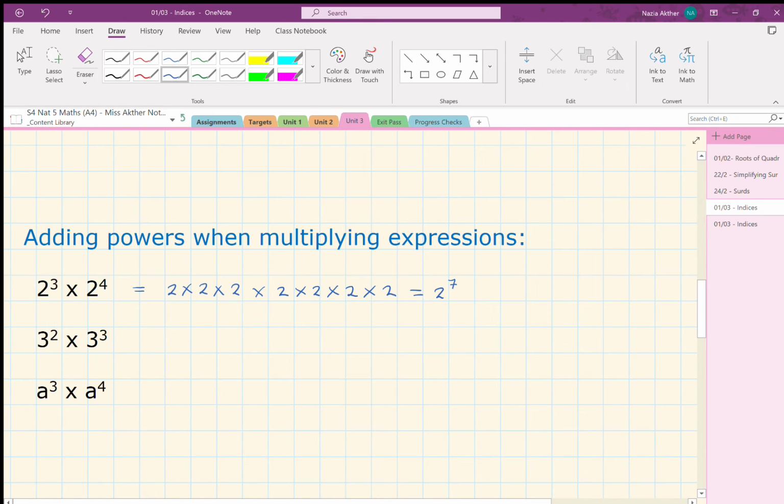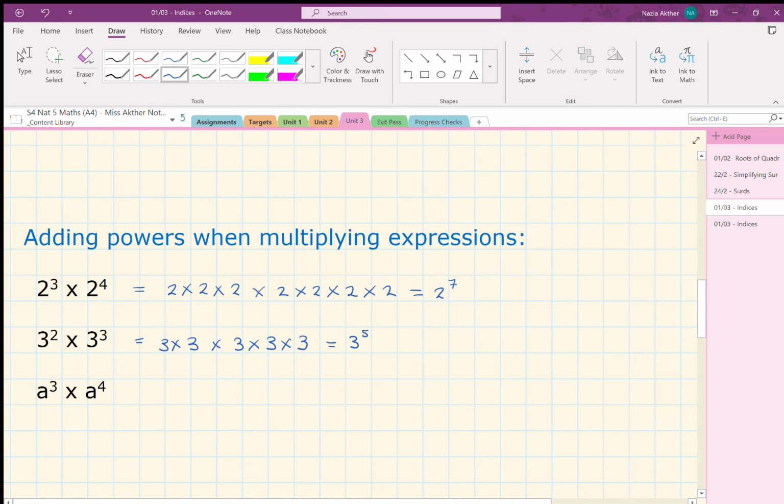So let's do the second one. We've got 3 squared, which is the same as 3 times 3. Then we've got 3 cubed, so I'm doing times 3 times 3 times 3. So in total we've got 1, 2, 3, 4, 5 3's. So that is equal to 3 to the power of 5.